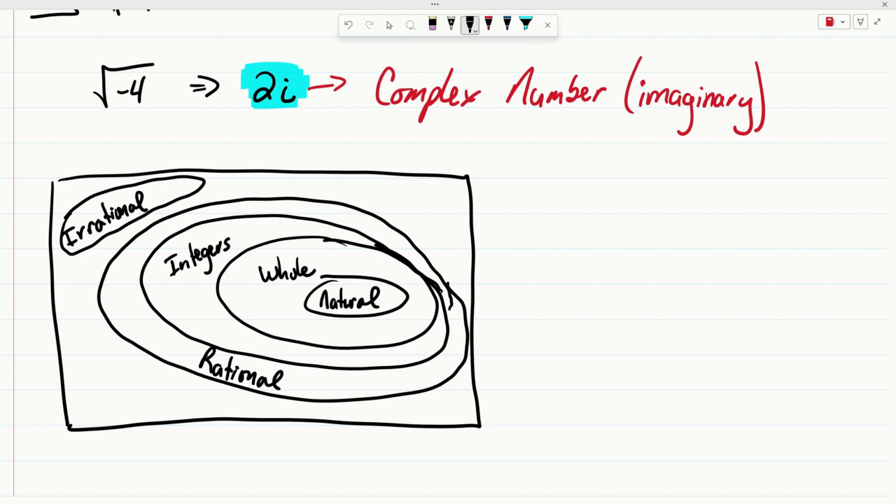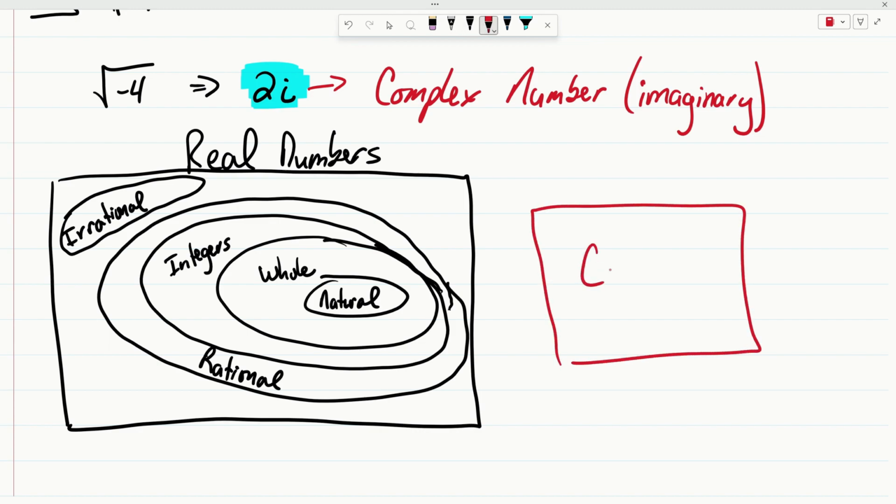And all of these, like I said, are your real numbers. They all make up the real numbers. Okay? However, over here to the right are those complex imaginary numbers. So they're like doing math on two different planets, if you want to think of it that way.